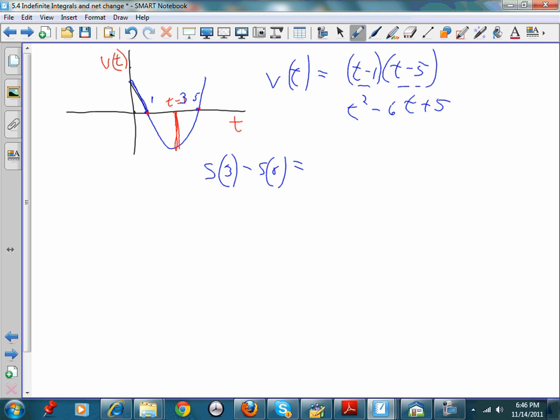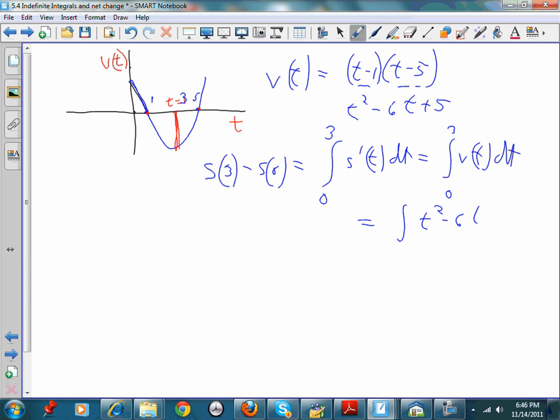Well, that's just going to be the integral of s prime of t dt from 0 to 3, which is the same thing as the integral from 0 to 3 of the velocity of t. What's that going to be? Well, we'll put in the velocity of t. It's just t squared minus 6t plus 5.